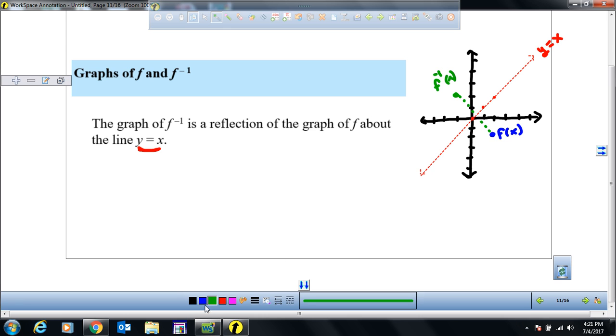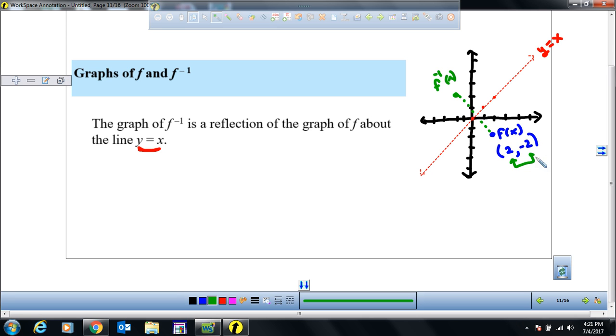So what's an easier way of obtaining that inverse function without doing the mirror image? Now look at the coordinates of this point. This point has coordinates (2, -2). So to get the inverse of a function, all we have to do is interchange the values of x and y.